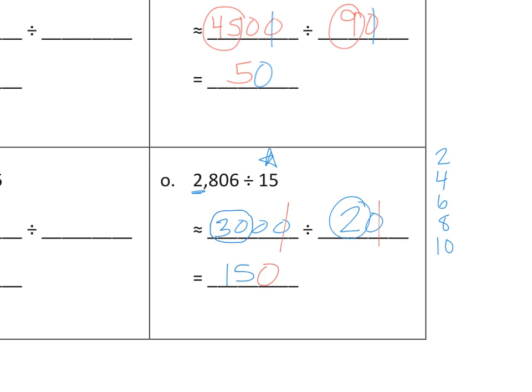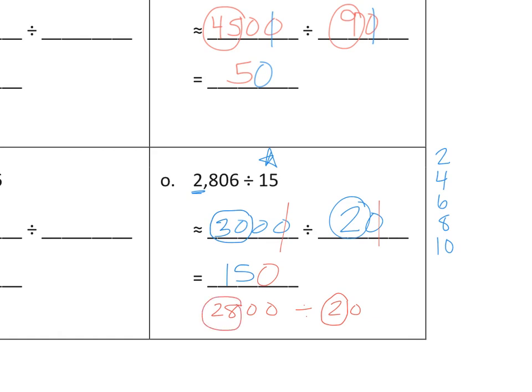So I kind of knew that 30 would work when you divide it by 2 because any even number could be divided by 2. Or what I could have done, even if I knew the even number, is 2,800 divided by 20, because 2 is our even number, and 28 is an even number.